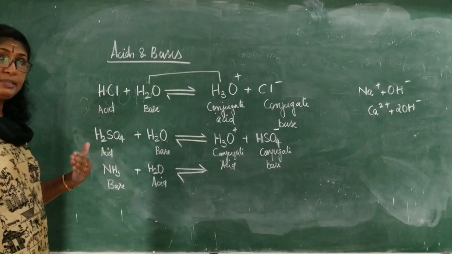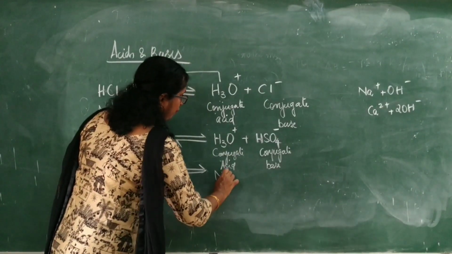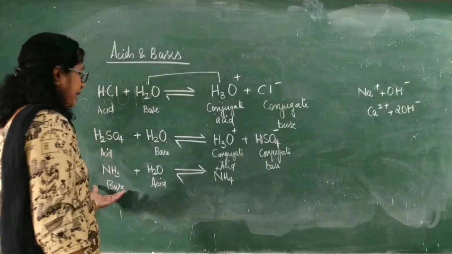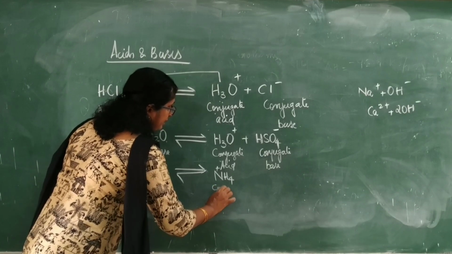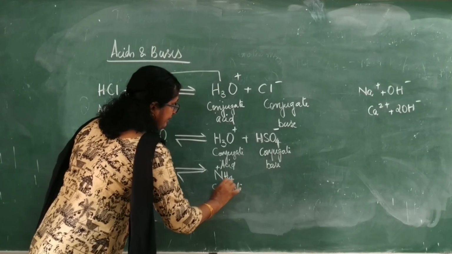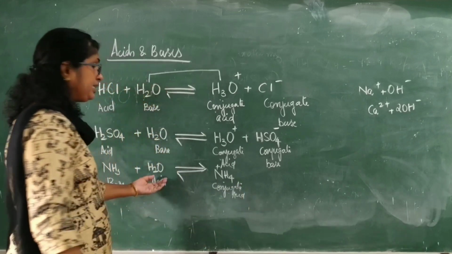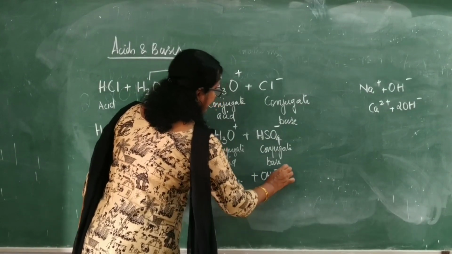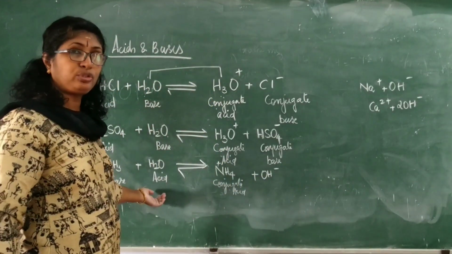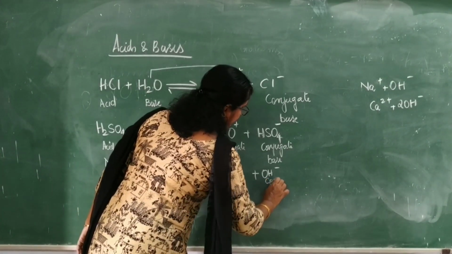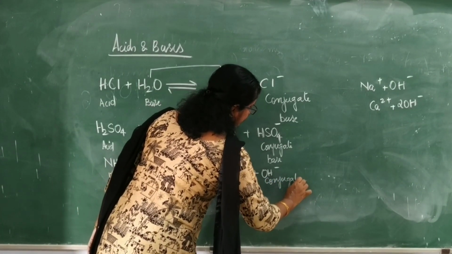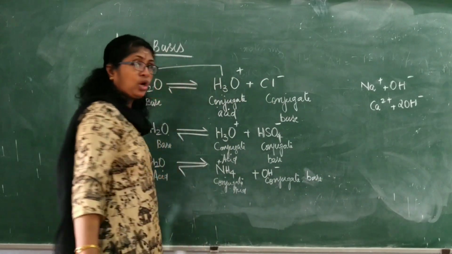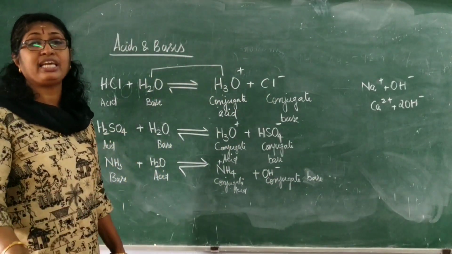Since ammonia accepted a proton, it becomes NH4 plus, and this can donate a proton to become NH3, so this is the conjugate acid. Water, since it is donating a proton, becomes OH minus. It can accept a proton and become H2O, so it is the conjugate base. An acid can form a conjugate base. A base can form a conjugate acid.